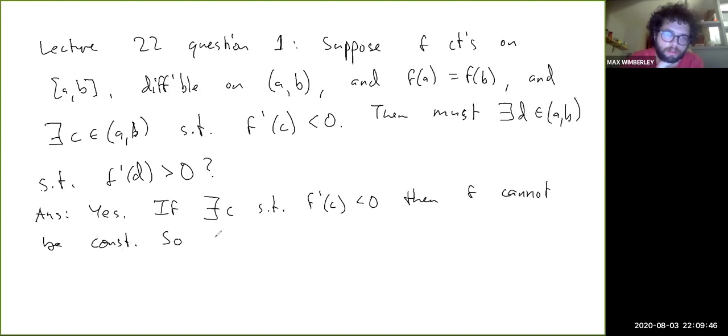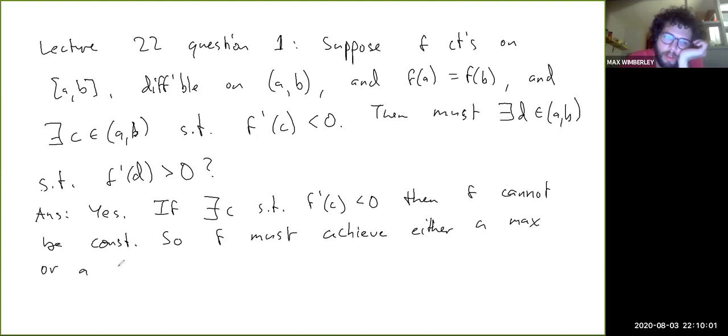So f must achieve either a max or a min which is not equal to f of a or f of b.